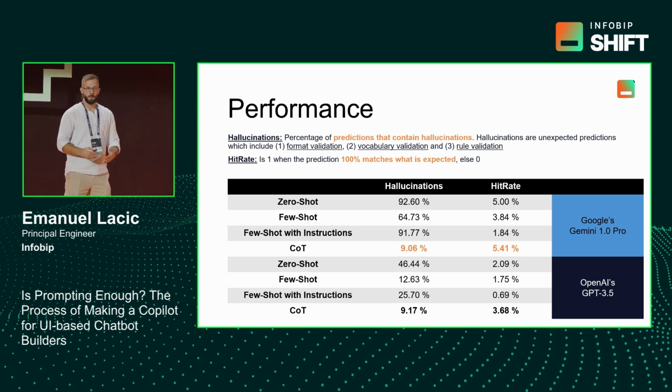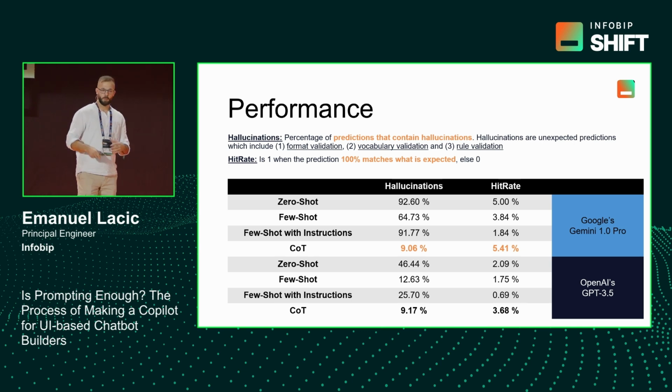So with a lot of prompt engineering, we managed to bring it to a hallucination rate of around 9%, and accuracy in this example is basically a hit rate, where we say, given some kind of input, did we predict or generate exactly 100% what was expected?